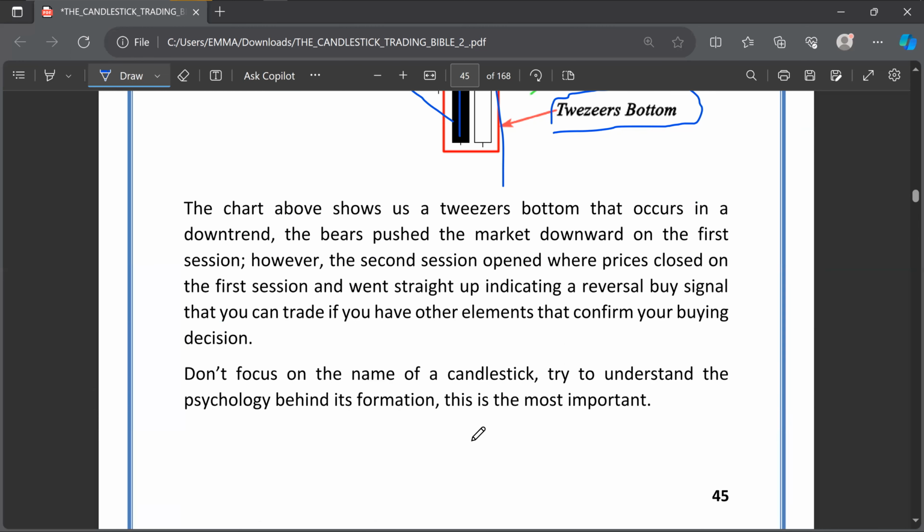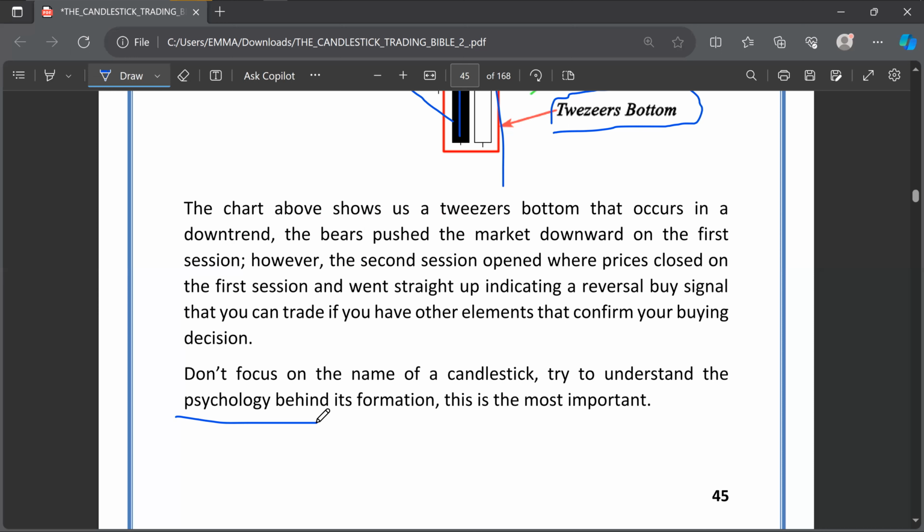Don't focus on the name of a candlestick. Try to understand the psychology. We're going to constantly remind you of the fact that the color does not really matter. Just look at the psychology, which is how the candle or the pattern actually formed. What happened when it opened? What happened until it closed? What was the pressure?